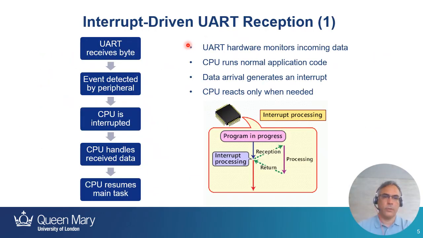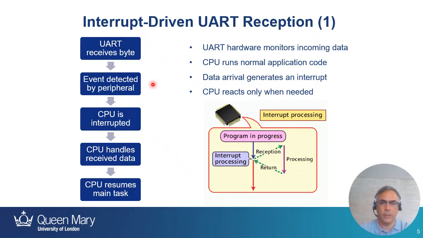This slide shows how interrupt-driven UART reception works. The UART hardware continuously monitors incoming data while the CPU runs the main application. First, the UART peripheral receives a byte from the serial line. The peripheral detects this event internally and flags that new data is available.